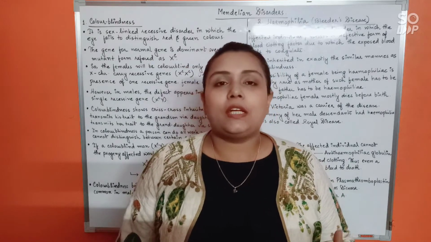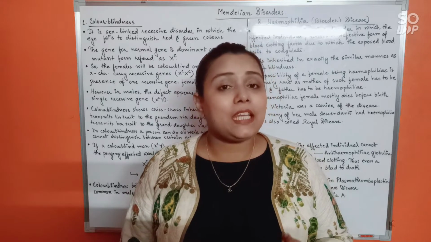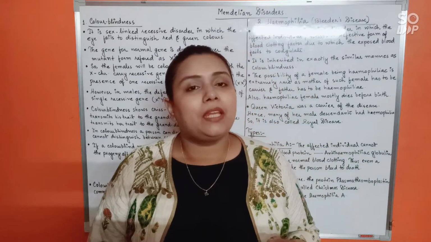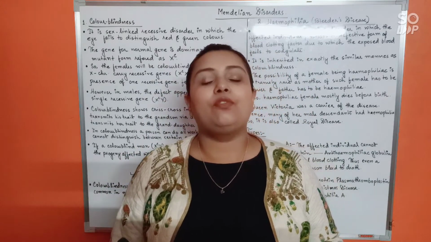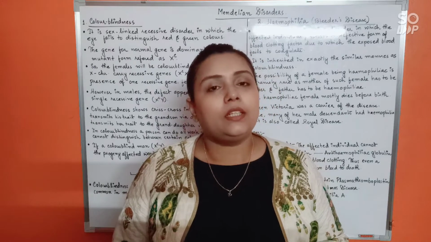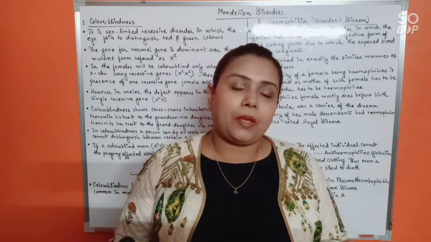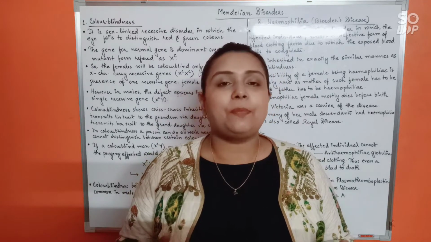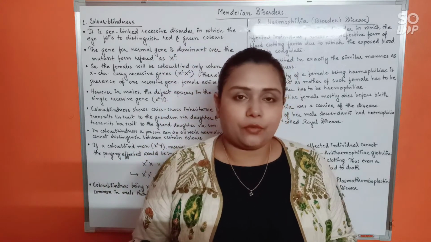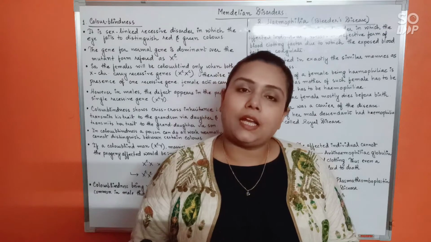So those genetic disorders which are caused by a single gene mutation would be referred to as Mendelian disorders, because they would be inherited in Mendelian fashion, or rather they would be passed on from the parent to the progeny as per Mendelian principles. Alright, so that's what we are going to start with today. So let us start with color blindness.